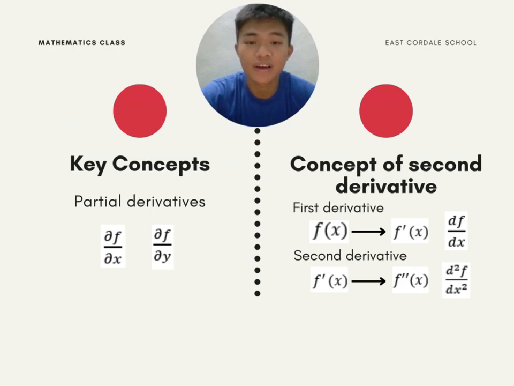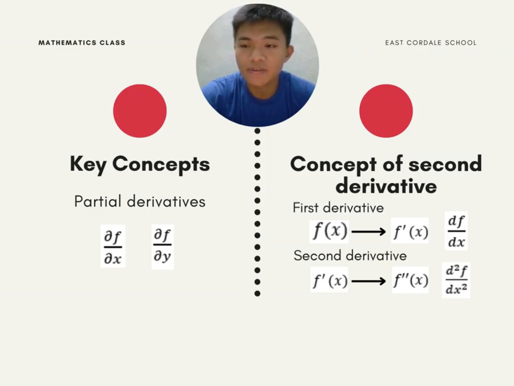Partial derivative is the fundamental concept in multivariable calculus. For the partial derivative, we use the symbol shown, df and dx, the partial derivative of f with respect to x, where the symbol indicates a partial derivative.